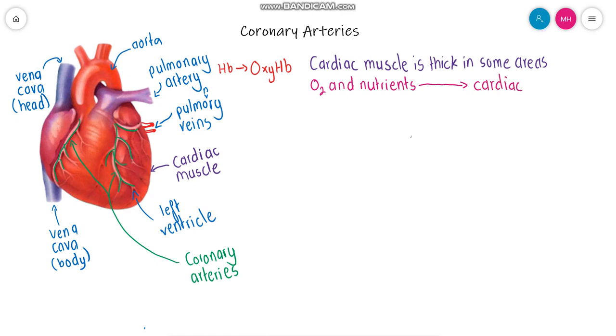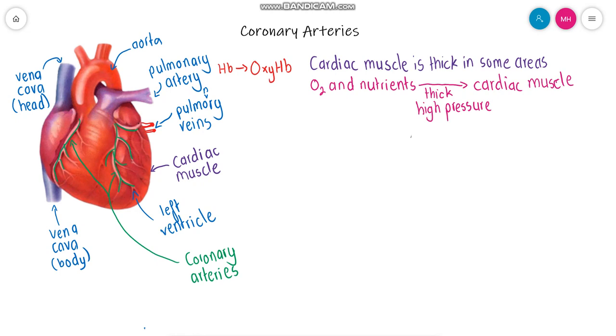It wouldn't be able to diffuse through the wall of cardiac muscle quickly enough. So it's because it's really thick, and blood is also at a high pressure. So therefore it can't be transferred from the heart into the heart muscle, which is cardiac muscle.